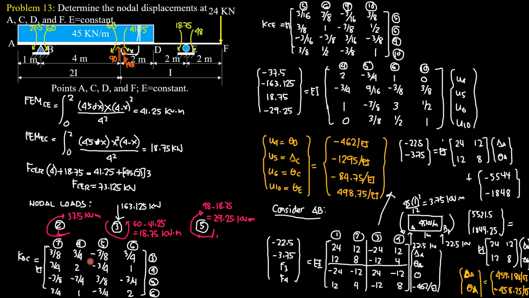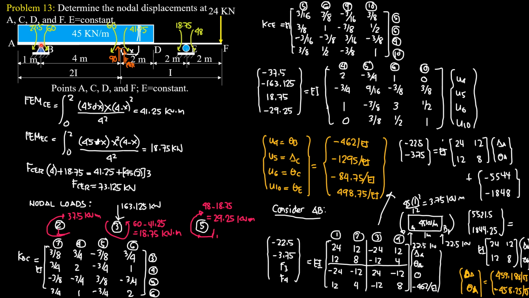I will not explain this anymore because if you are a student in matrix structural analysis, then you can generate these values for the global stiffness matrix of member BC. And the numbering is 3, 4, 5, 6 for BC times 2.